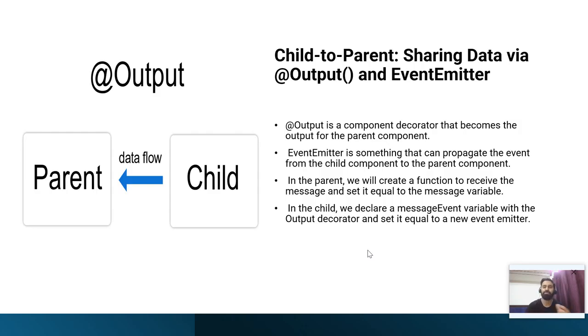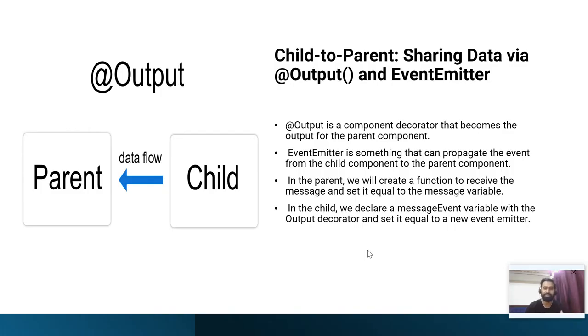In the parent, we will create a function to receive the message and set it equal to the message variable. Basically, we'll create a method, and from that method, on click from the child component, we will emit the event, and that event will send the message we want to pass. Then the parent component will receive it, and we will store that received data in a variable.